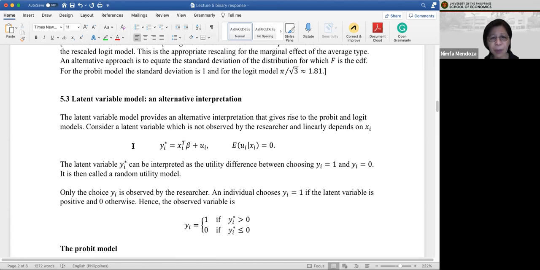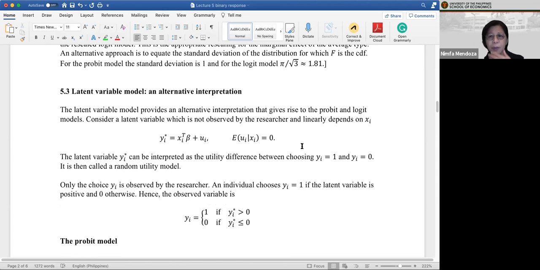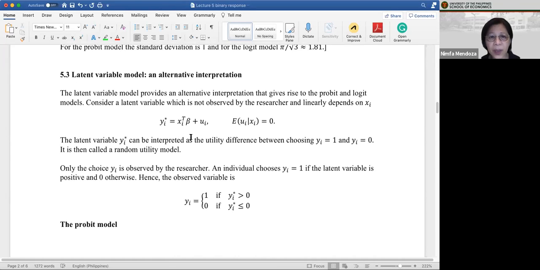The latent variable model provides an alternative interpretation that gives rise to the probit and logit models. Consider a latent variable, y sub i star, which is not observed by the researcher and linearly depends on x sub i.